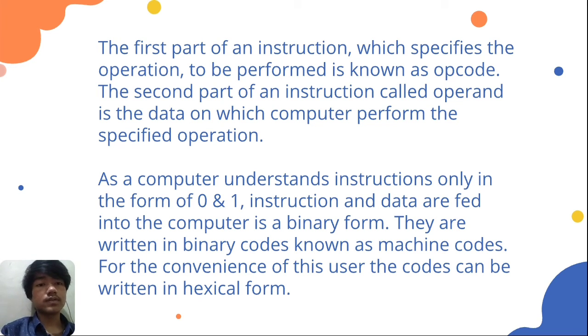The second part of an instruction, called the operand, is the data on which the computer performs the specified operation. As a computer understands instructions only in the form of 0 and 1, instructions and data are fed into the computer in binary form. They are written in binary codes known as machine codes. For the convenience of the user, the codes can be used in mnemonic form.